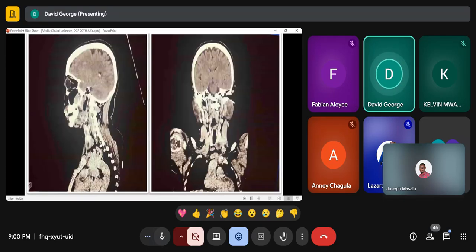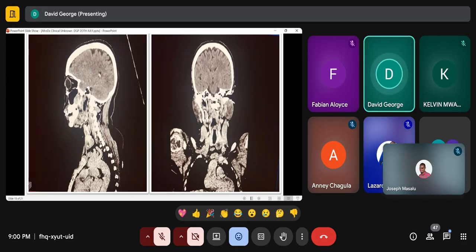So here are some images, and of course I have to admit that I myself am not sure exactly what we are seeing. The ones who saw this patient went back and forth, asked the radiologist, and concluded that this was a suspicious mass in the thyroid area.